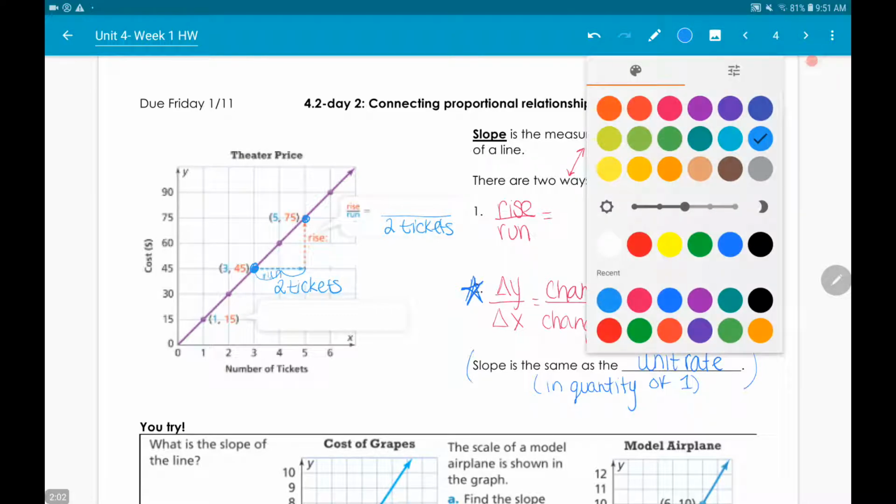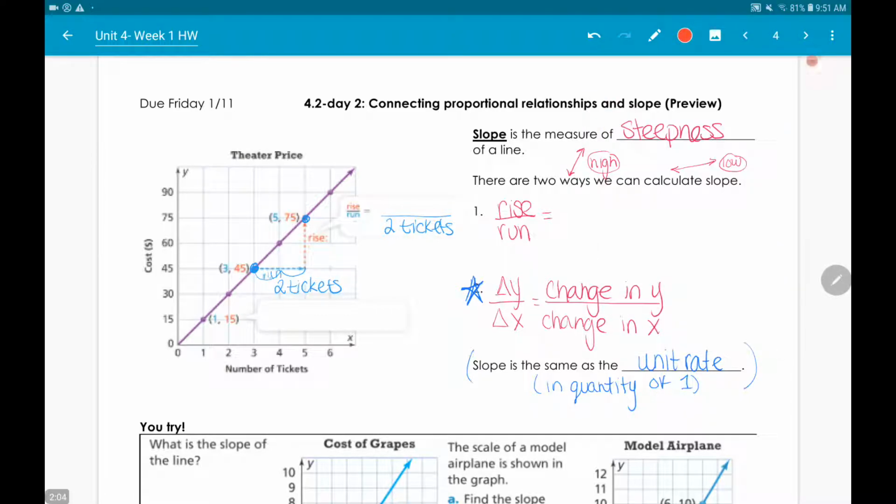And then I'm rising how many units? Let's see. I'm starting at 45 and I'm going to 75. So that is 15 here and 15 more. That's 30 units, which in this case is dollars. So for this example, we have $30 divided by 2.